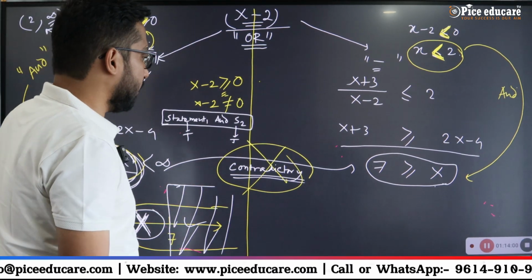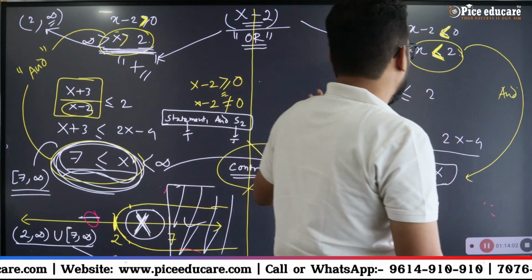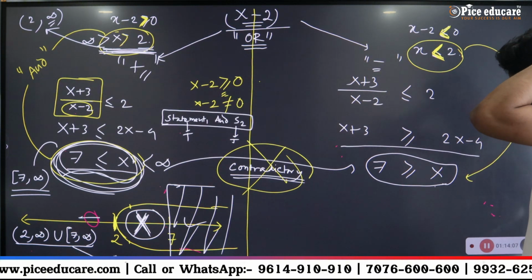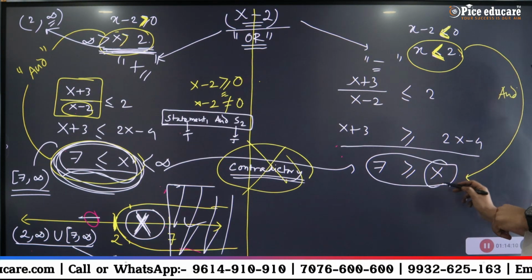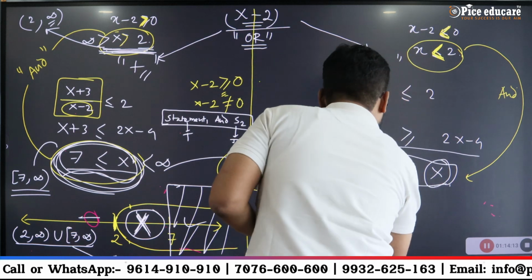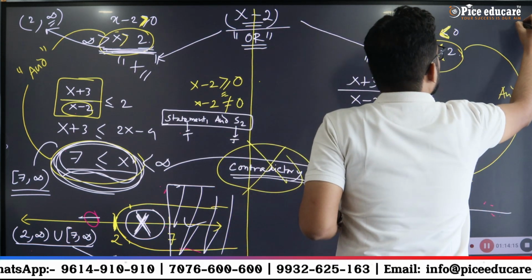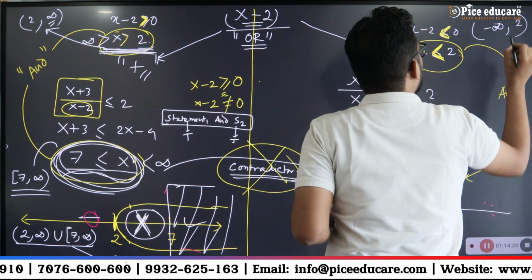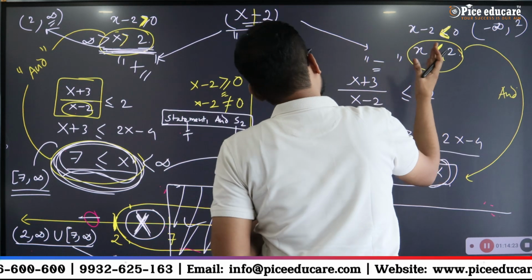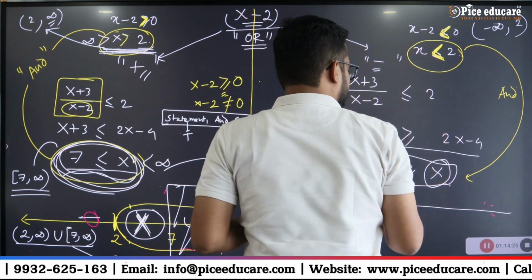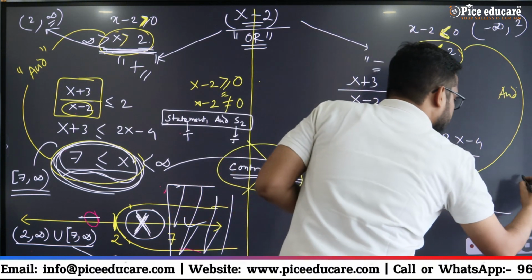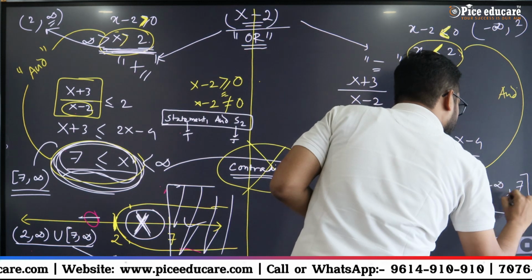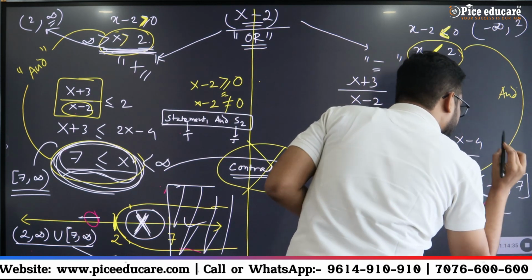This is on the left hand side. If I go for this case, where x is less than 2 and x is less than or equal to 7, we have to do the same thing. Here it is 2 and minus infinity, because it is less than 2 and has no boundary towards the left, and here also it is less than or equal to 7, and on this side it can go till minus infinity.